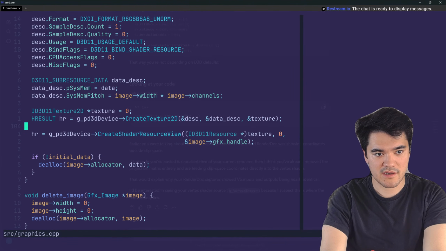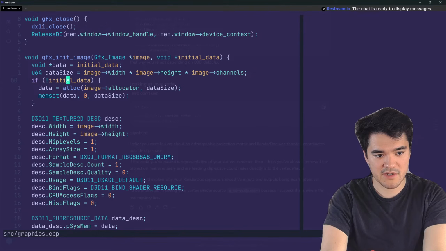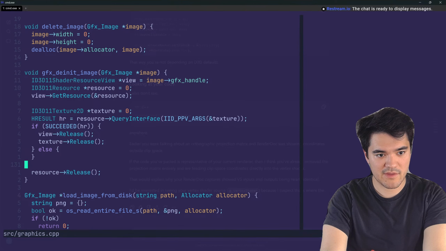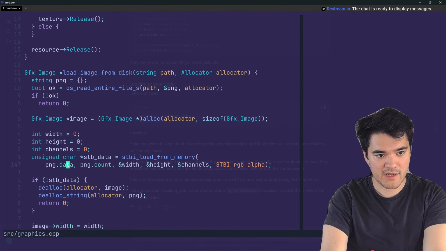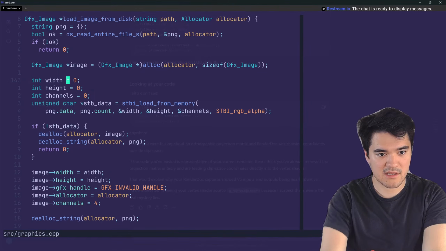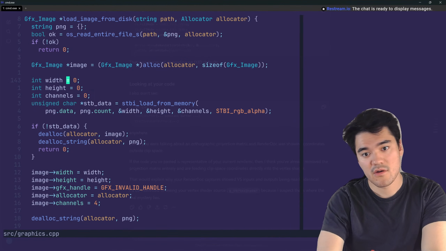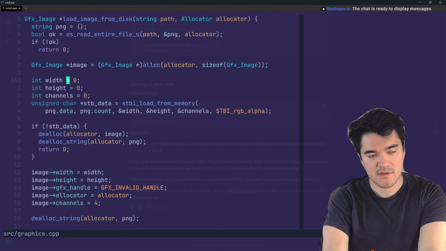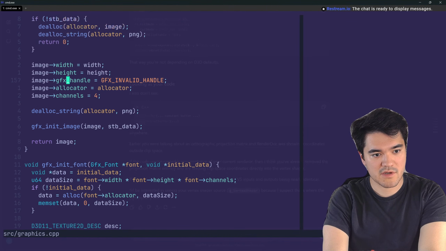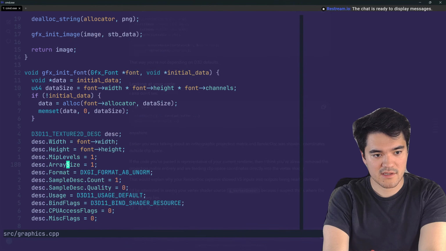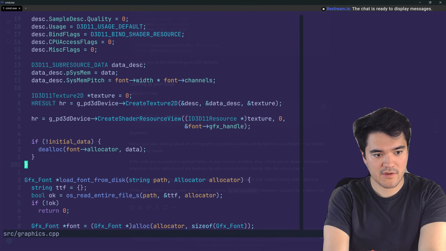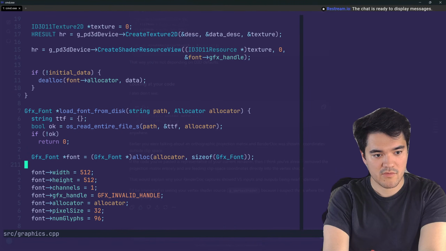Oh, no, not in init image. Init image doesn't care about the frame. But right here, when we load it from the disk and then create our metadata from it, it will matter, or maybe not. No, it does not matter at all, because we're not passing in any of that stuff. It's fine. In the font one, I don't think we are either. So whoopee do.